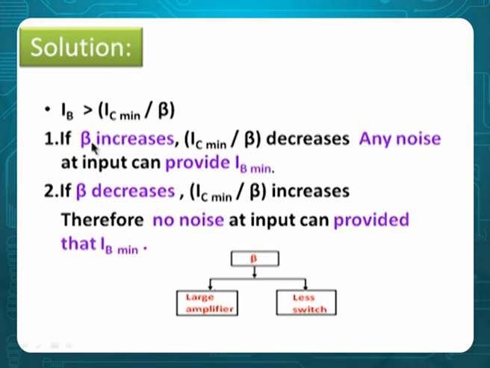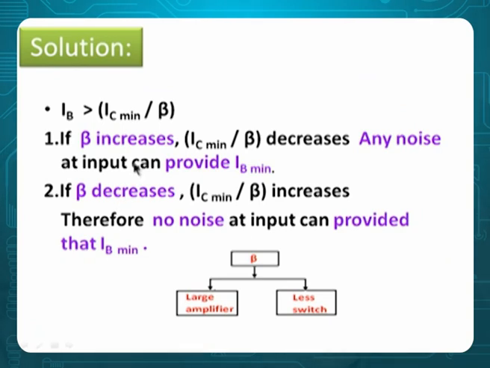Suppose first option, if beta increases, if you take a large value, this quantity will become small. A small required current can be applied, and any noise can produce such a current. Otherwise, if beta is decreasing, this quantity becomes larger. When this quantity becomes larger, noise cannot change the operation.